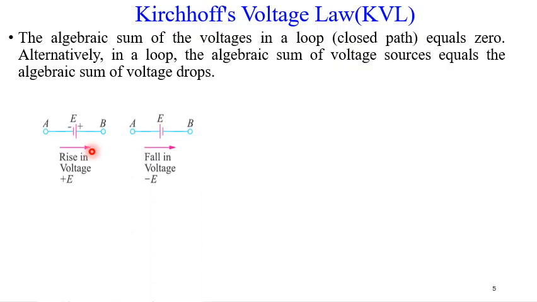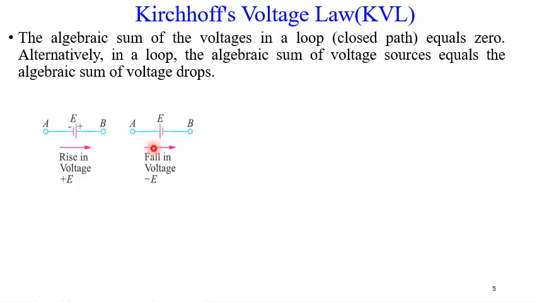This is one important concept I want you to really understand. From this circuit, when we move from minus to plus, that is a rise in voltage. We have to represent this as a plus voltage, because it has moved from a lower potential to a higher potential. That means there has been an increase in the potential.